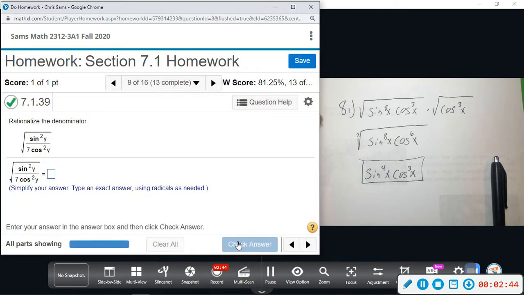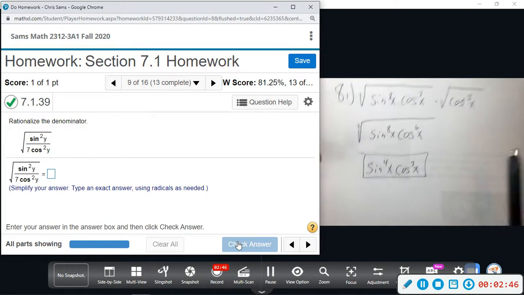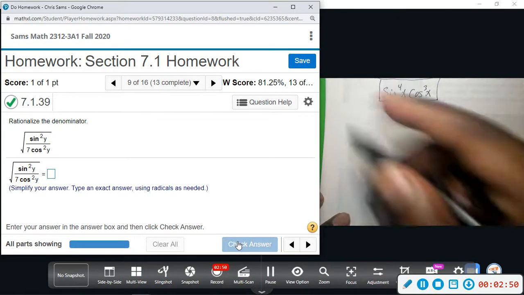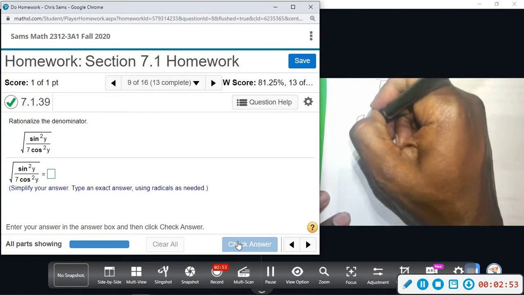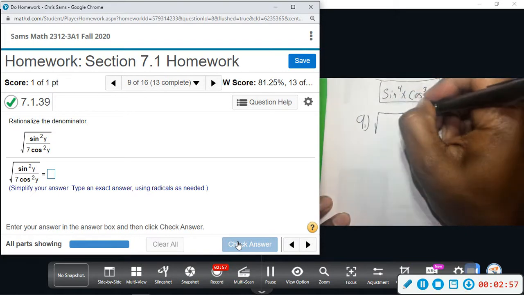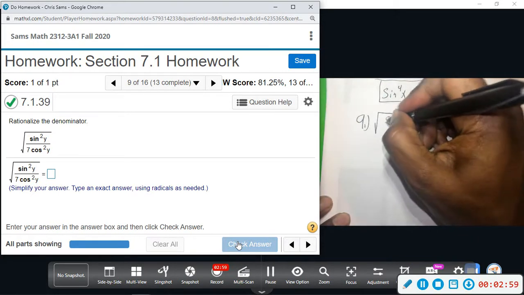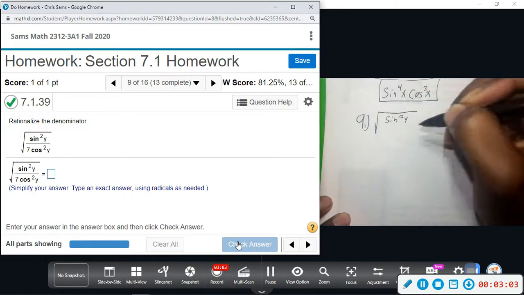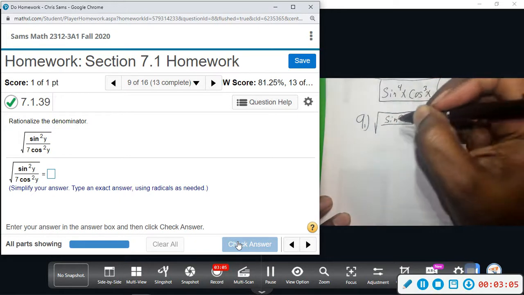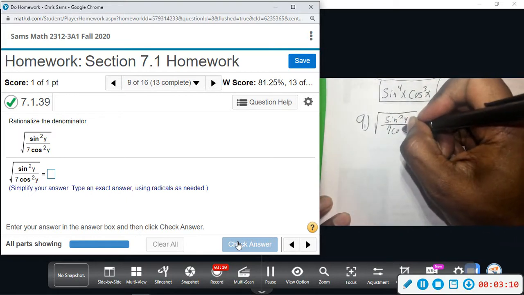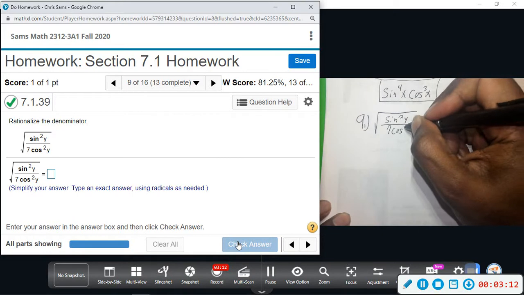All right, number 9 wants us to rationalize the denominator. So we'll focus on that part. We have the square root of sine squared y divided by 7, and this is all under a big radical, cosine squared y.